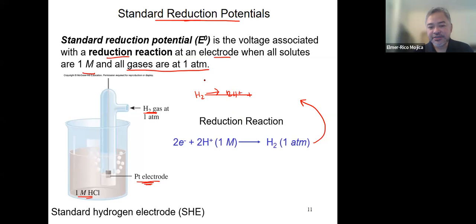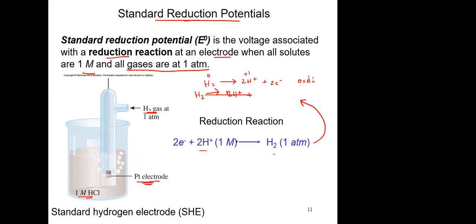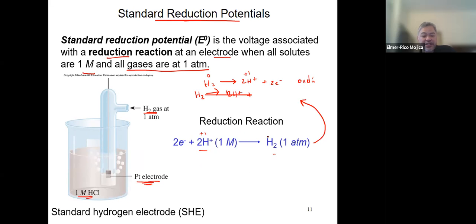Does that make sense? Can we say that this is the oxidation reaction for this reaction? Remember, from 0 it becomes +1. Here, from +1 it becomes 0.